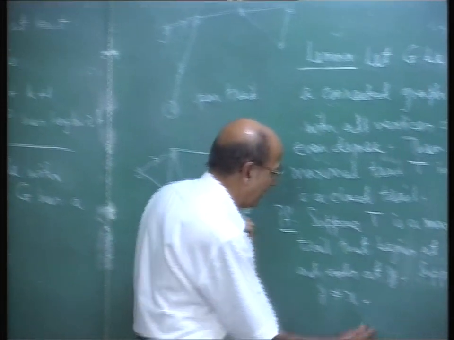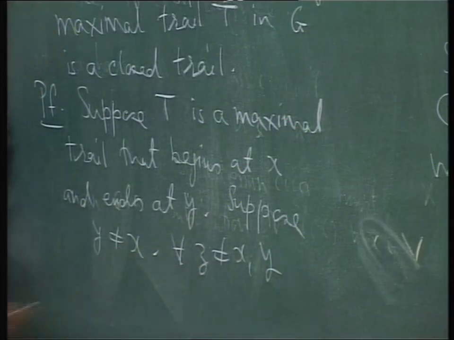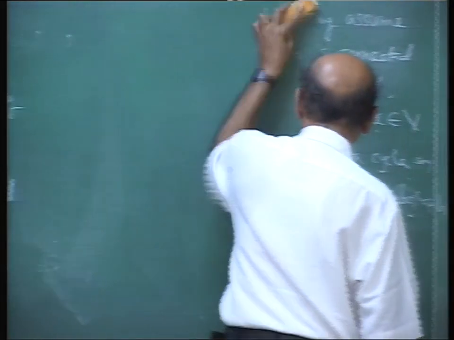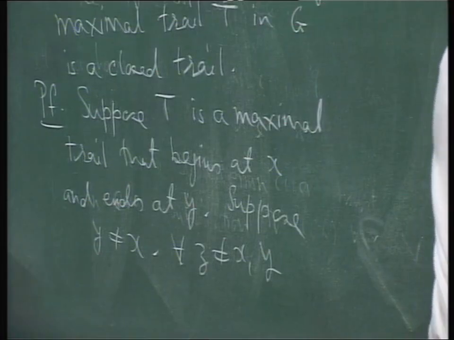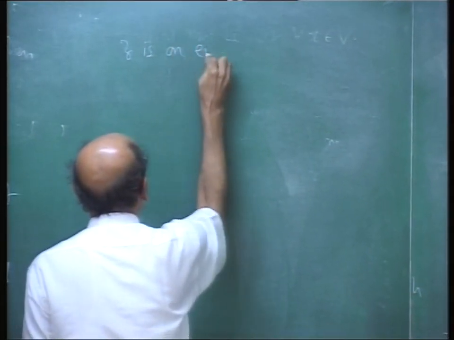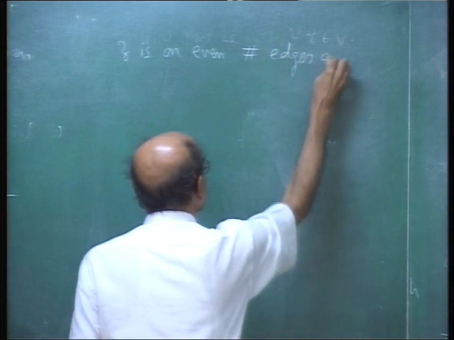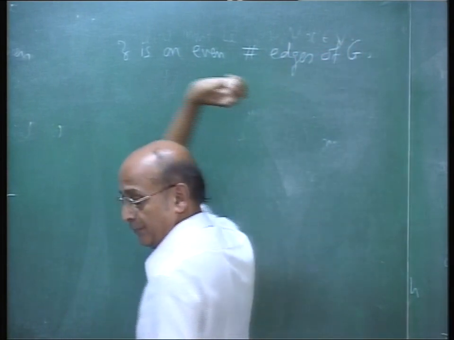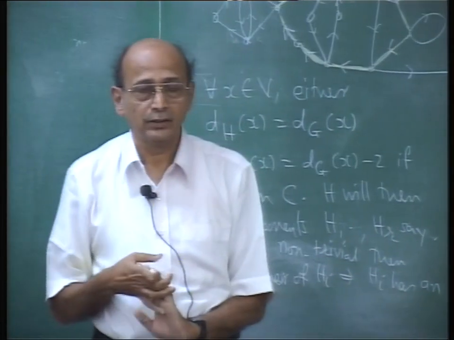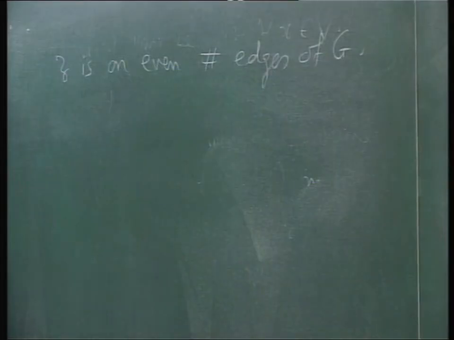For every z not equal to x or y, z is on an even number of edges of the trail. This fact is not true at the beginning and the end.